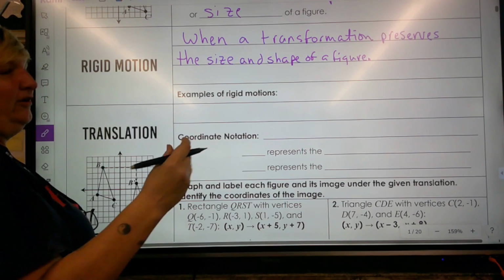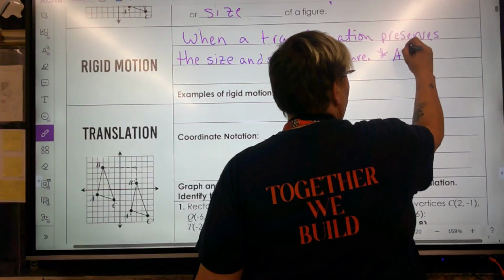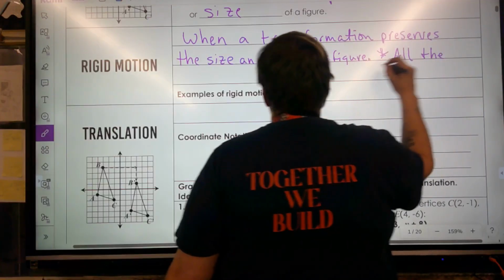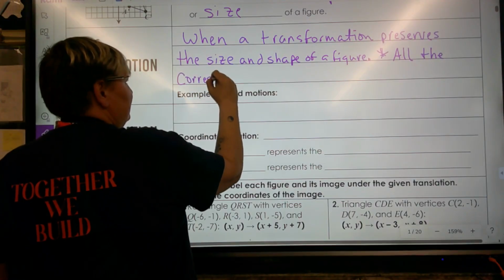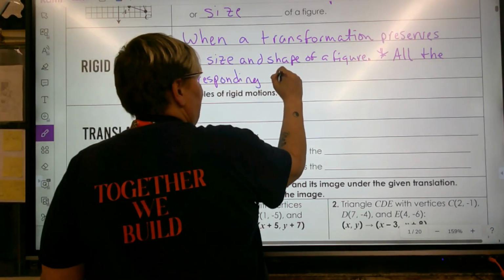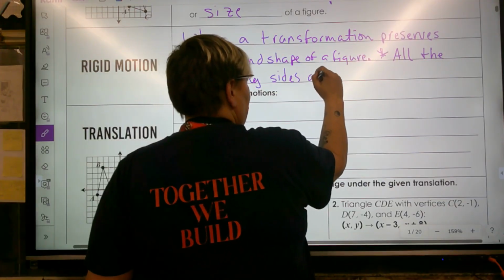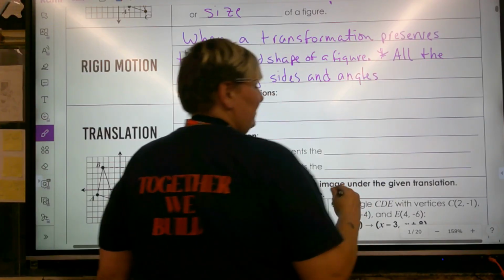So all the corresponding sides and angles stay the same.